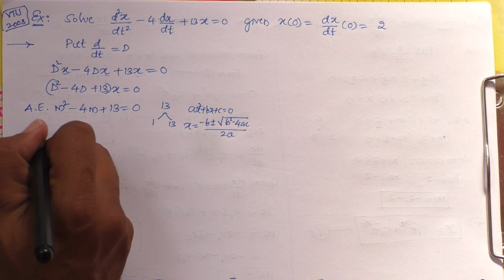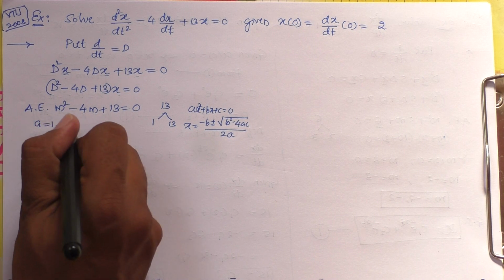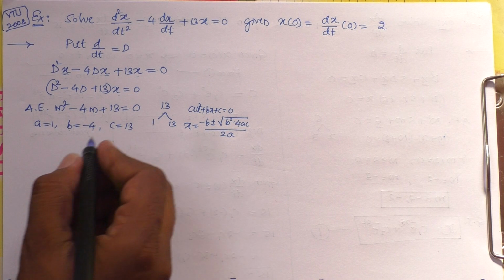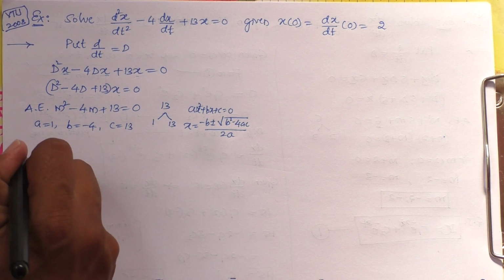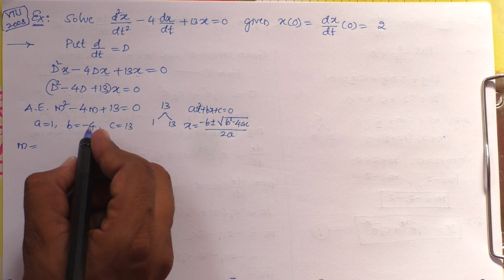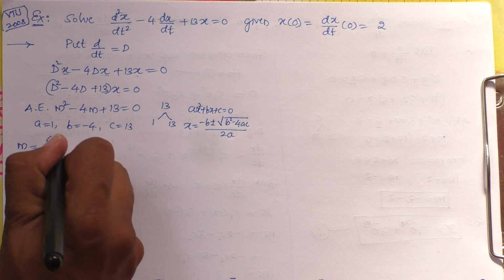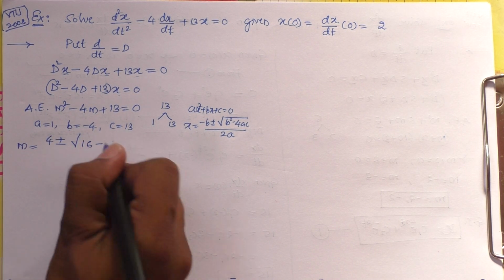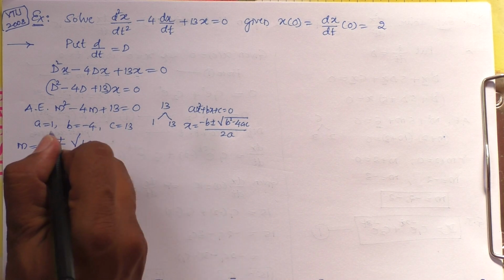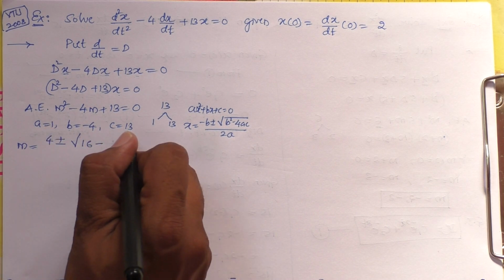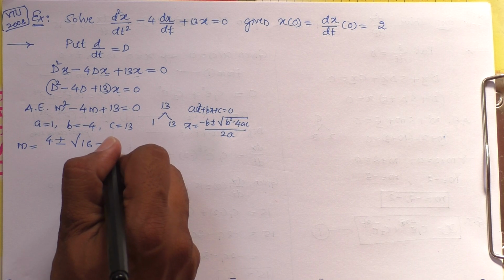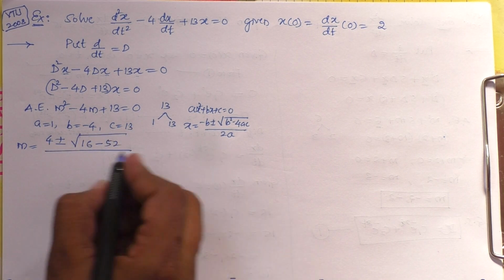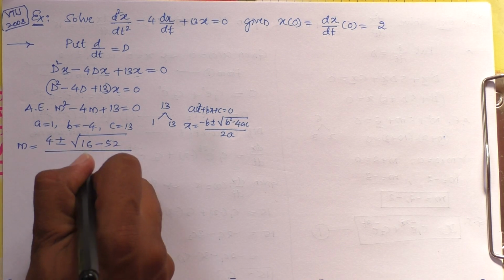If you look at ax square, a is 1, b is -4, c is 13. So apply the formula: m equal to minus b, minus of minus 4 is 4, plus or minus square root of b square, which is 16, minus 4ac, 4 into 1 into 13. So 4 into 13 is 52, divided by 2a, 2 into 1 which is 2.